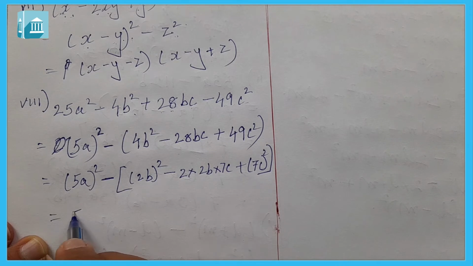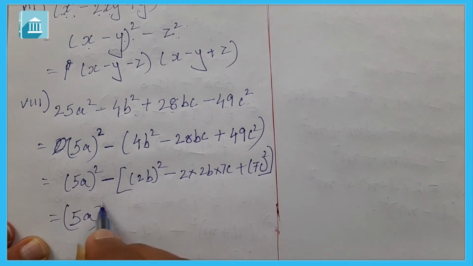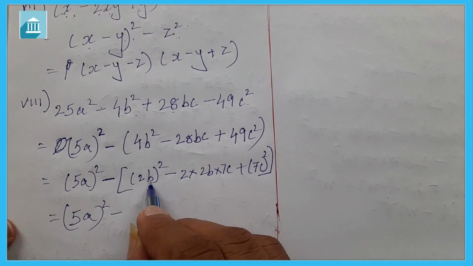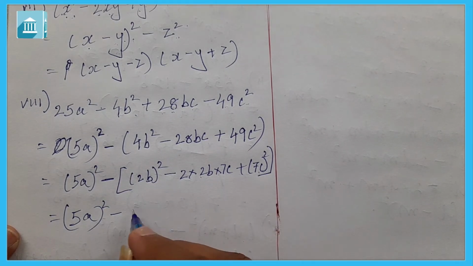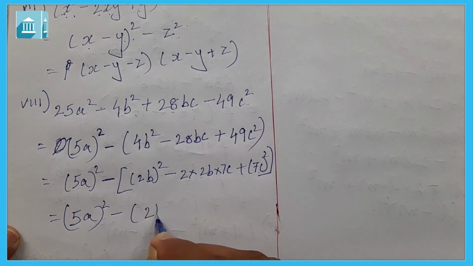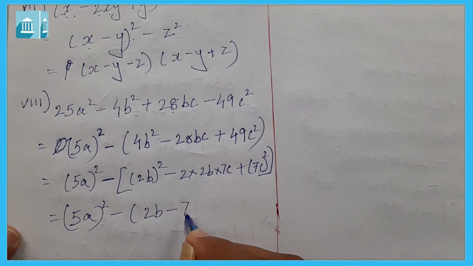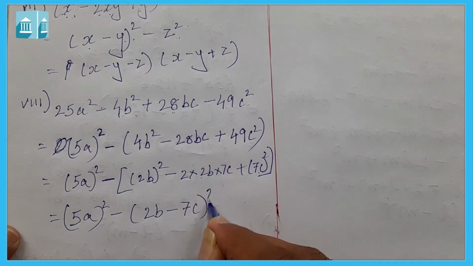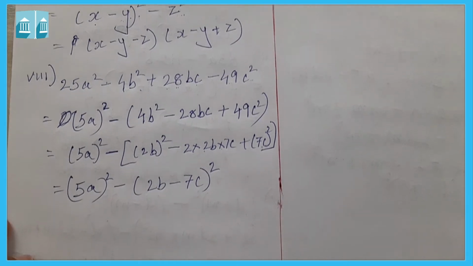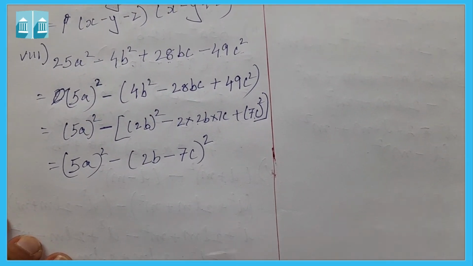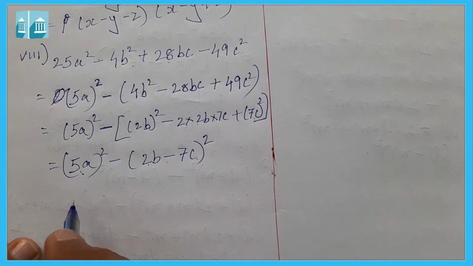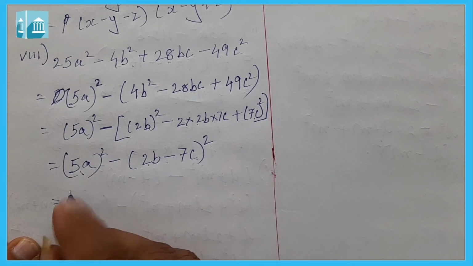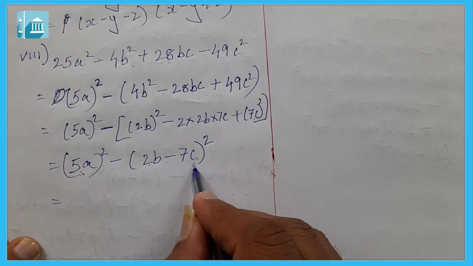So this will be (5a) whole square minus (2b minus 7c) whole square, using a square minus 2ab plus b square. So this will be a square minus b square.